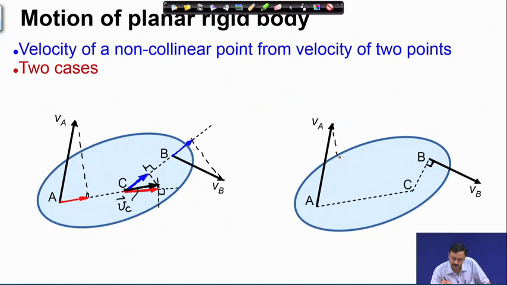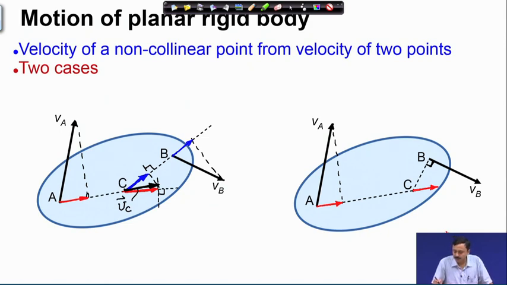I project VA, that means I drop a perpendicular on AC, and this is the projection of VA along AC. So, C must have the same velocity along AC. So, this must be the velocity of C along AC.